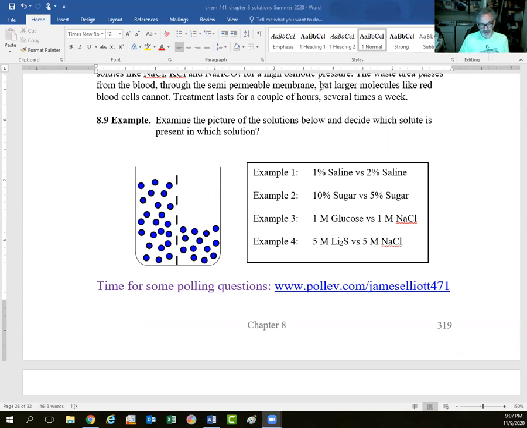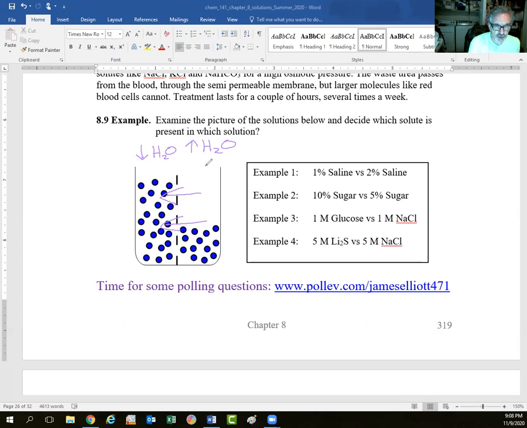So, first thing to look at is the beaker itself. As we can see, the movement of water has been primarily from the right to the left. And so this solution on the right must have been the one that started with a higher water concentration. And the solution on the left had a lower water concentration. Water moves from high to low concentration.